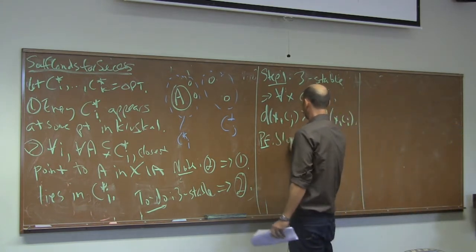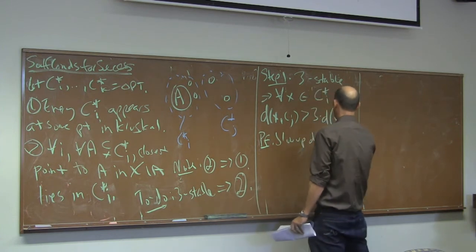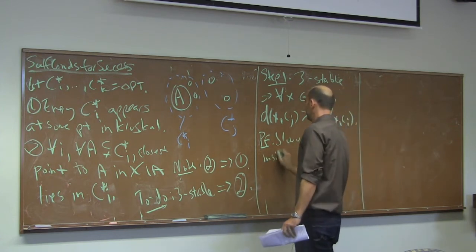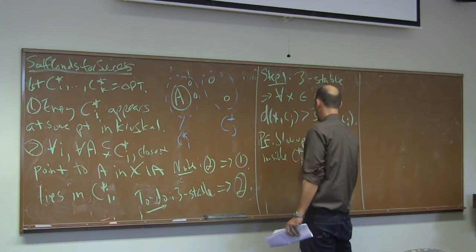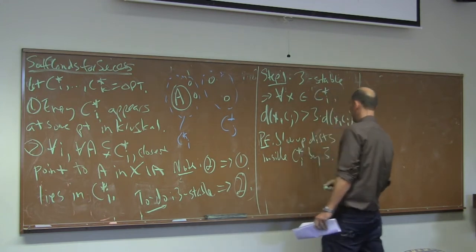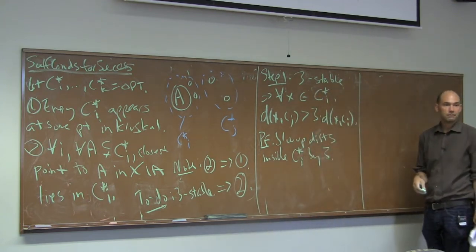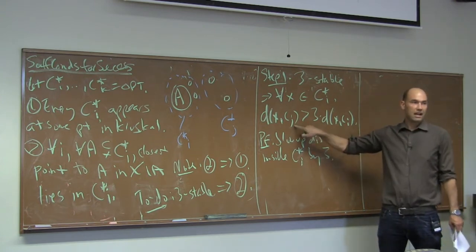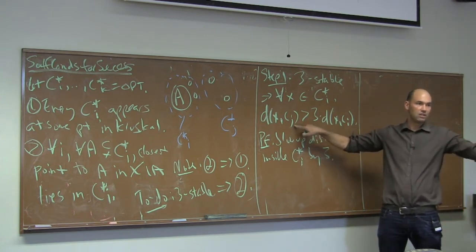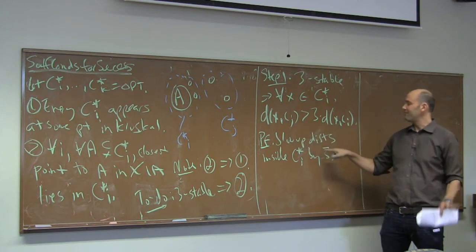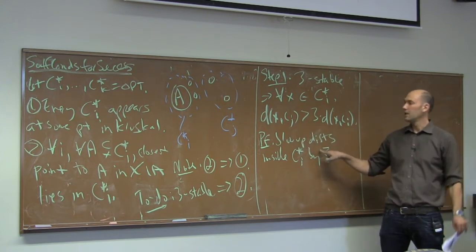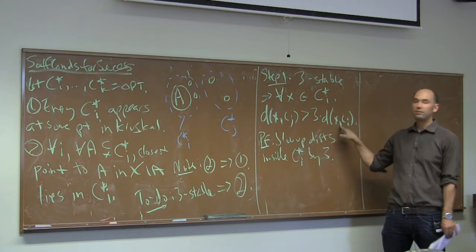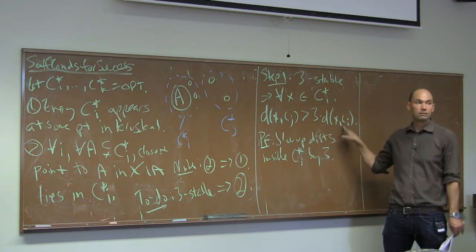So for example, this distance does not get blown up, because cj is in a different cluster. Only if both points are in c star i do you get blown up. So that doesn't get blown up, but this does, because they're both in c star i.